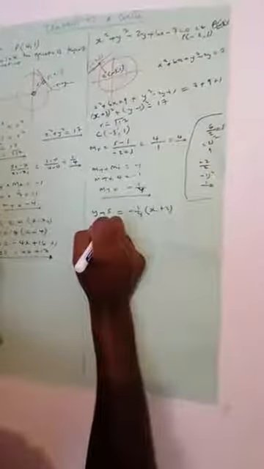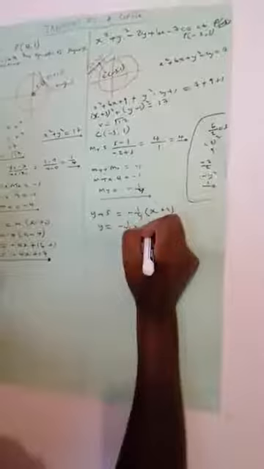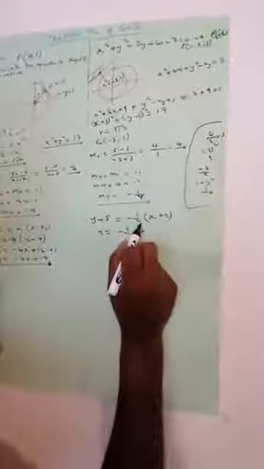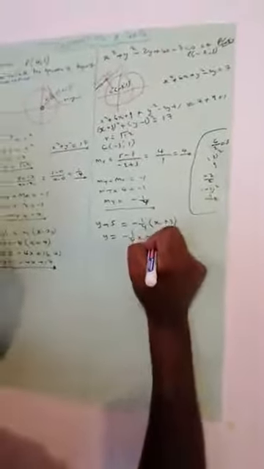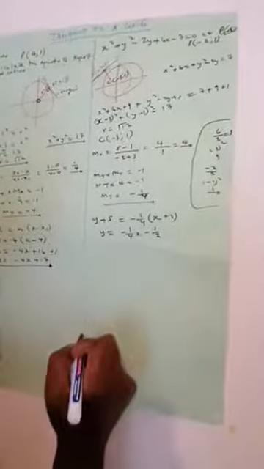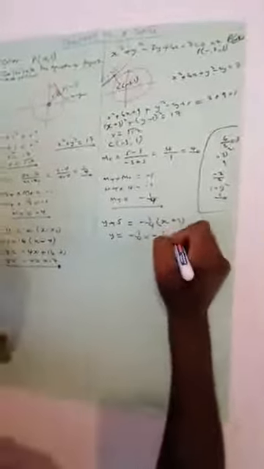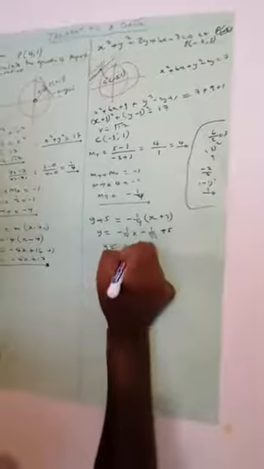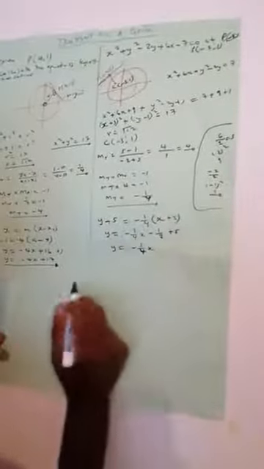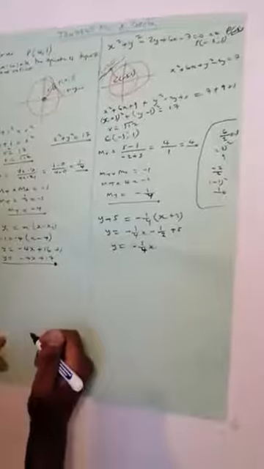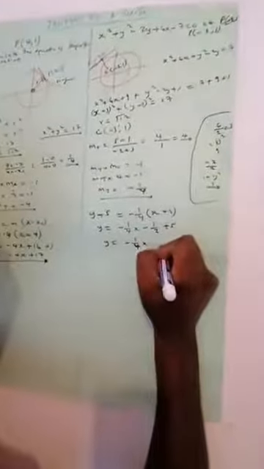So y is equal to negative 1 over 4x, then minus 1 over 4 times 2. 1 over 4 times 2 is going to be 1 over 2, negative 1 over 2, then plus 5. Negative 1 over 4x, and what is this one? Negative 5 minus 1 over 2.